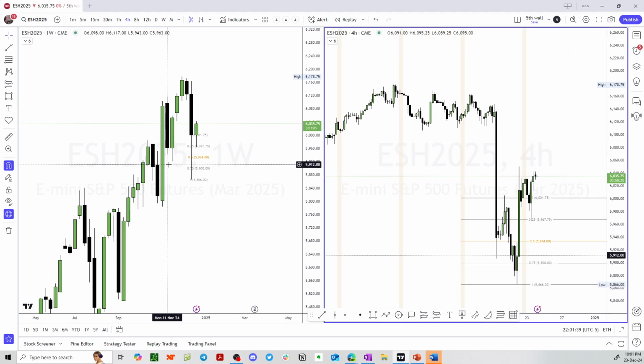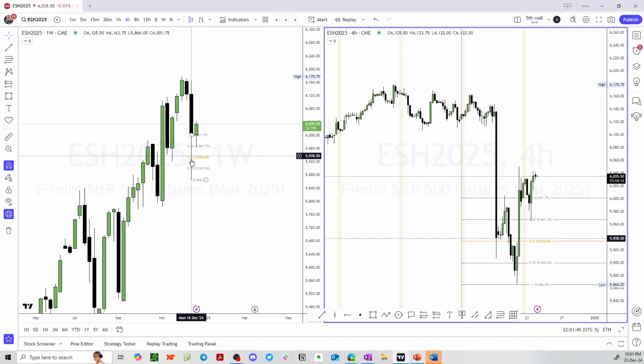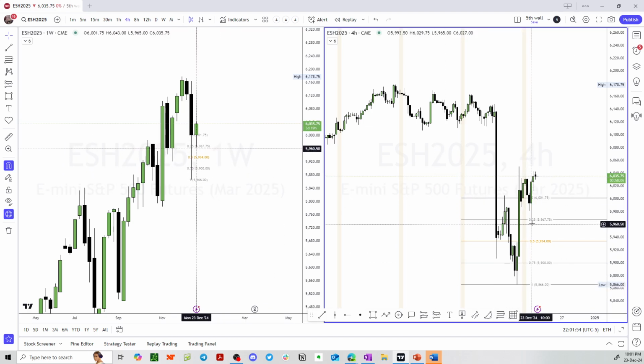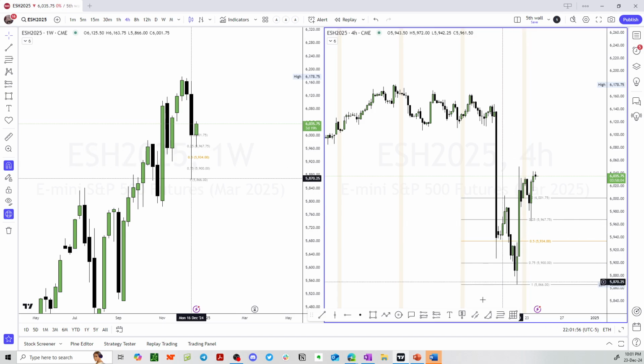If order blocks aren't part of your strategy, then ignore it. Treat wicks like gaps, put them into quadrants. This is last week's wick, and here is how price is reacting to that wick.